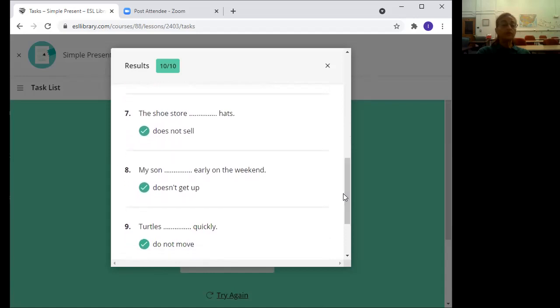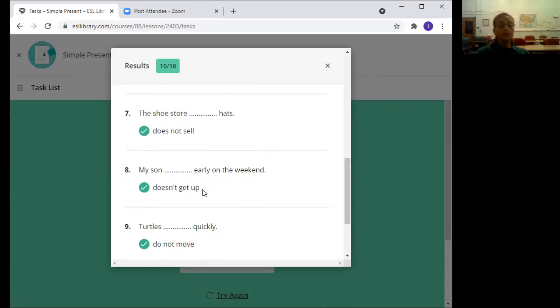The shoe store doesn't sell hats. Well, actually, you have a full form here. The shoe store does not sell hats, but you can say does not sell hats or doesn't sell hats. It's the same. My son doesn't get up early on the weekend. Some of the answers here have full forms and some of the answers have contracted forms.